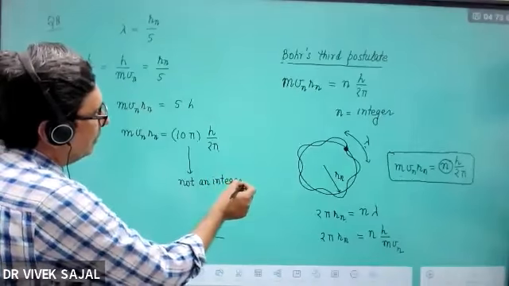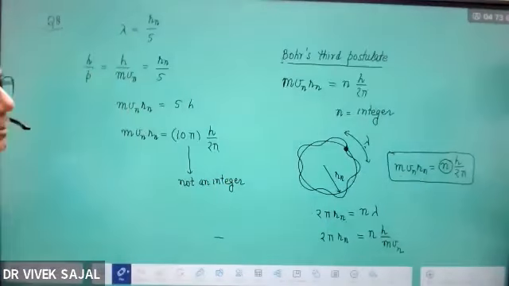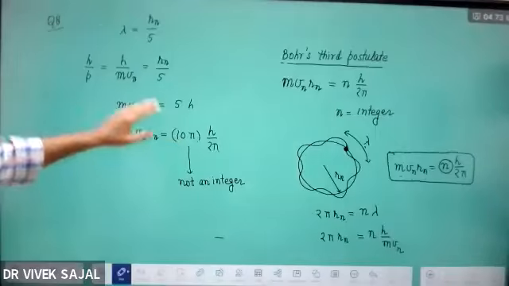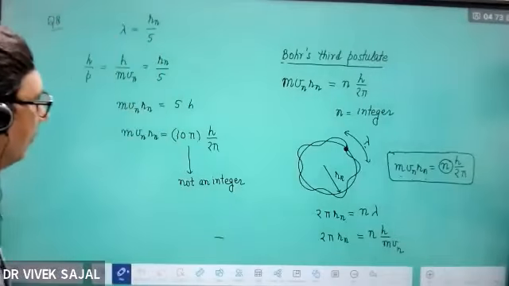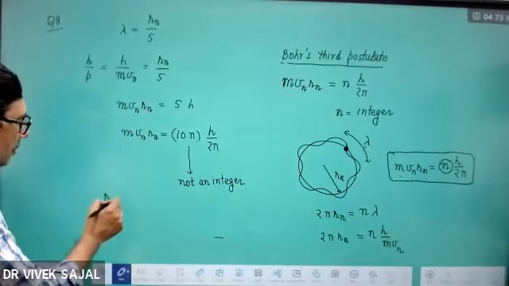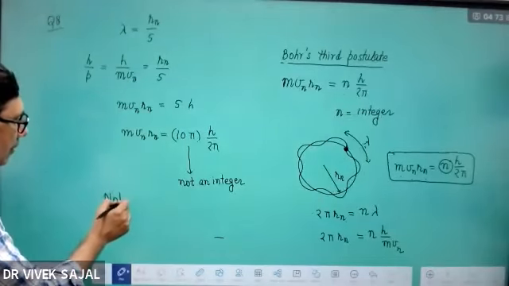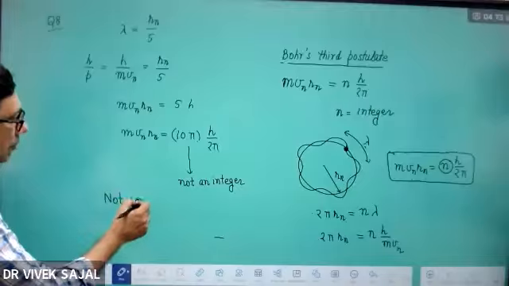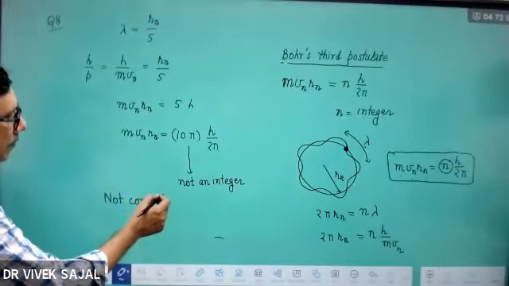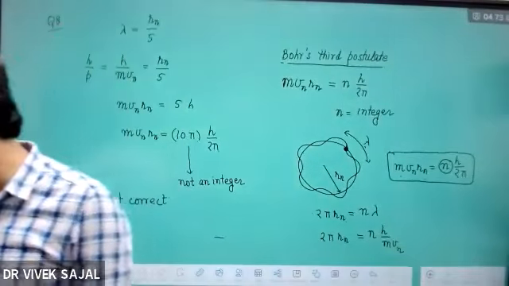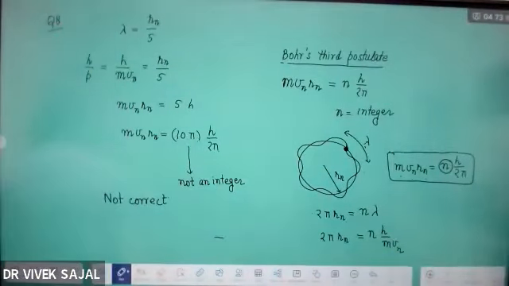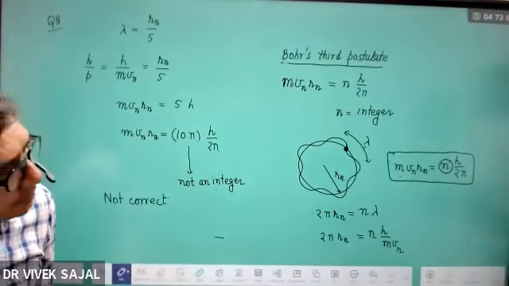So that's why whatever statement is given to us is not possible. That is not correct. So whatever statement is made is wrong. That is not possible.